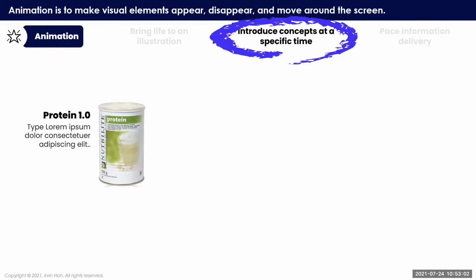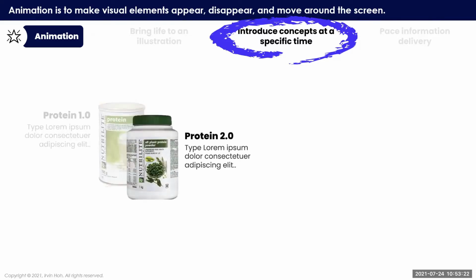So I can talk about the concept of the old packaging, protein 1.0, how it looks and how the packaging looks like. After I have finished talking through the whole old packaging, now I want to reveal the new packaging, which is the new concept or the new idea. I will click the second time to bring out my new concept, my new idea, or my new packaging.